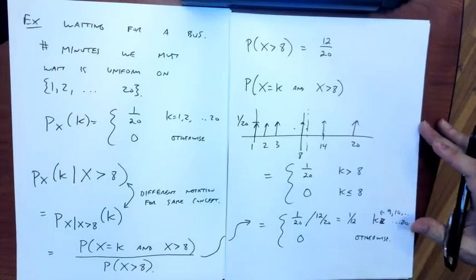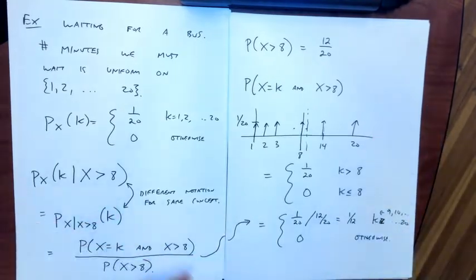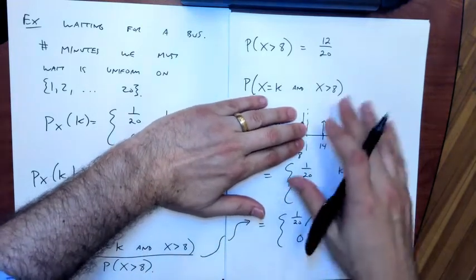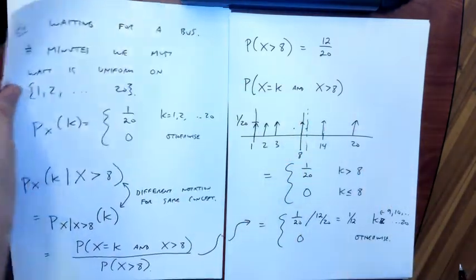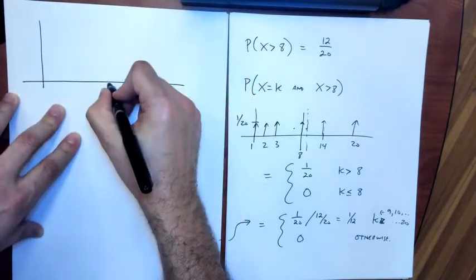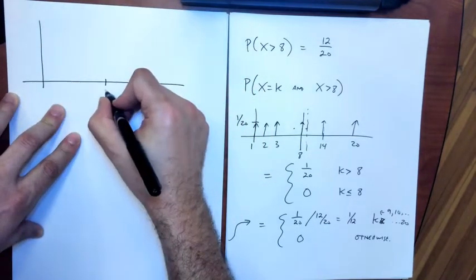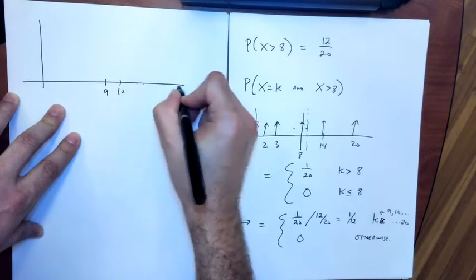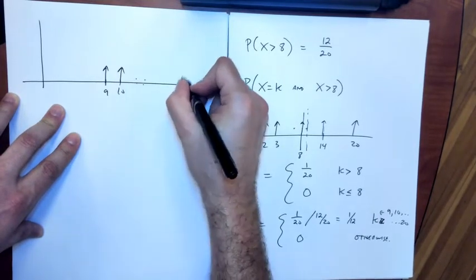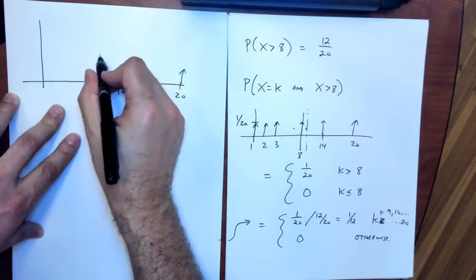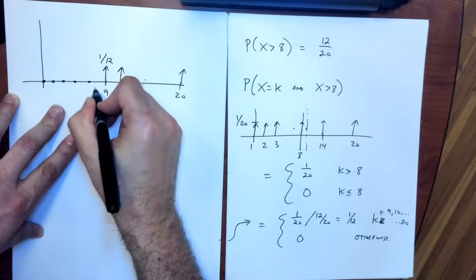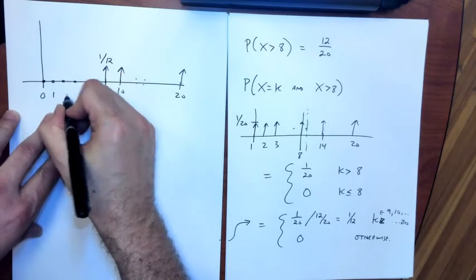All this means is that this was my before PMF. Now I tell you that you were greater than 8, so all the probability mass shifts around to the new condition. The new PMF, the conditional PMF, looks like a uniform distribution on just the values that are left. The height of these arrows is 1/12th, and these numbers now all become impossible.